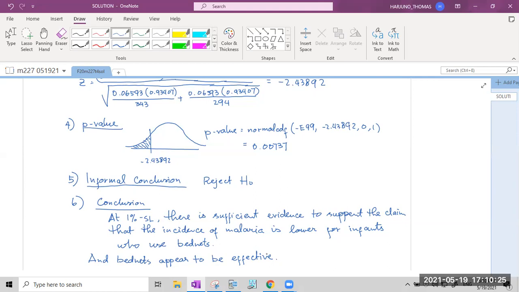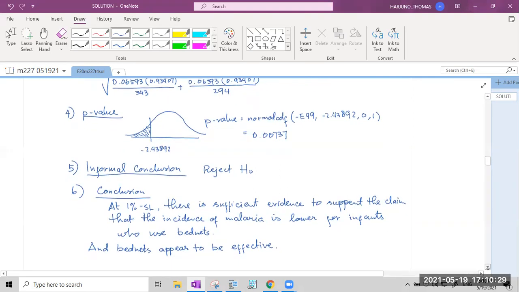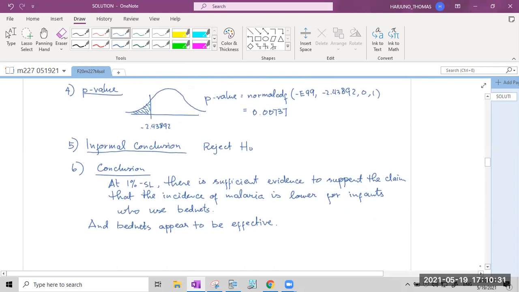No, that's not what they mean by being effective. What they mean is that if you are vaccinated, or in this case, if you use bed nets, the incidence of the infant having malaria, or that person catching COVID, is much lower.